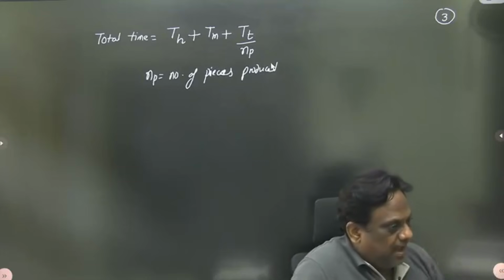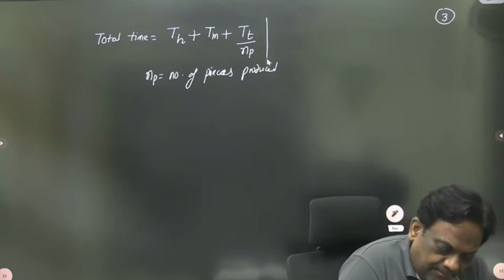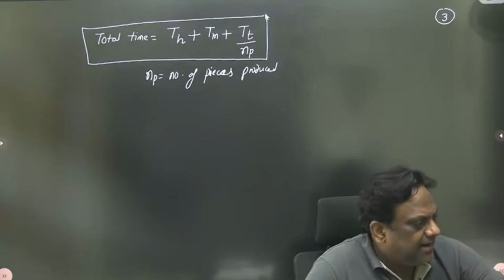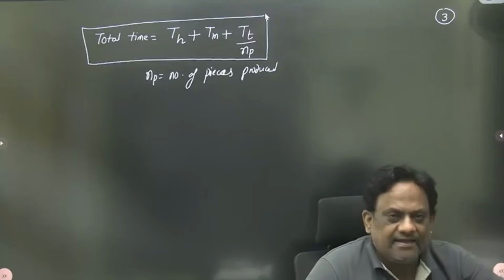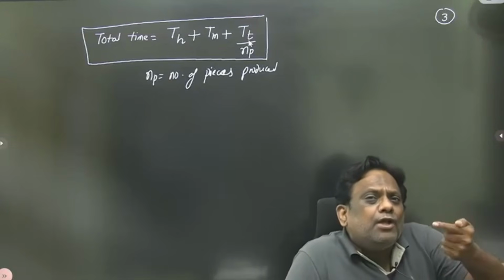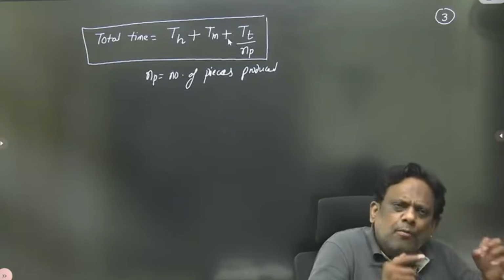शायद आपको ये समझ में आया होगा. Hope you understood, sir. Is this equation clear, my dear loving students? Exactly. This is per unit. This is the time required per unit per piece. इसका unit होता है so many minutes.